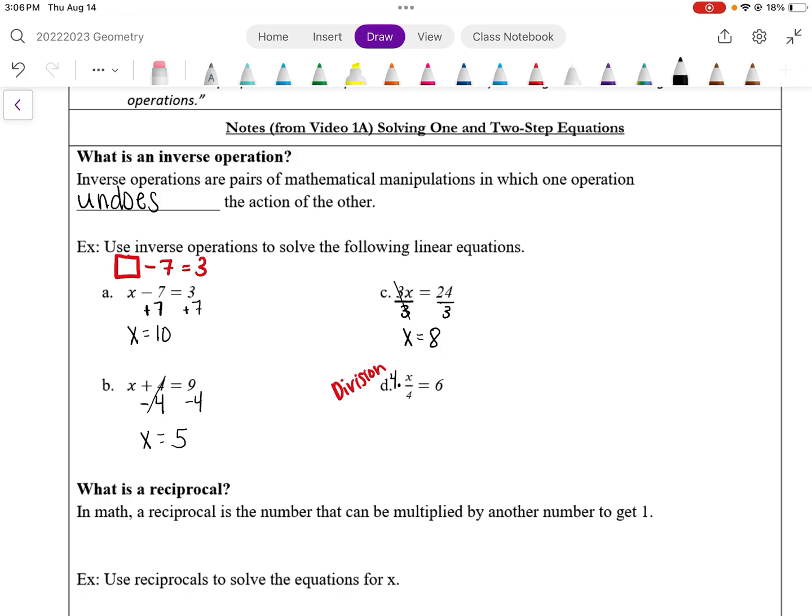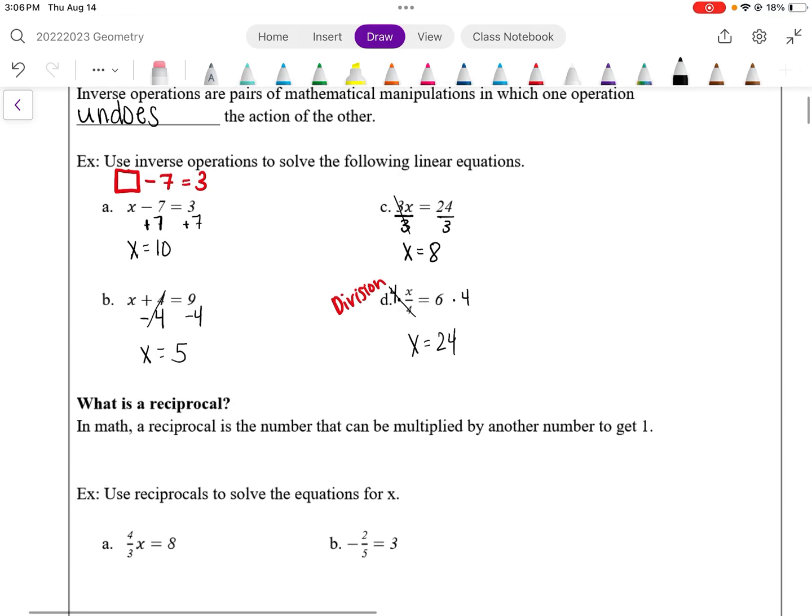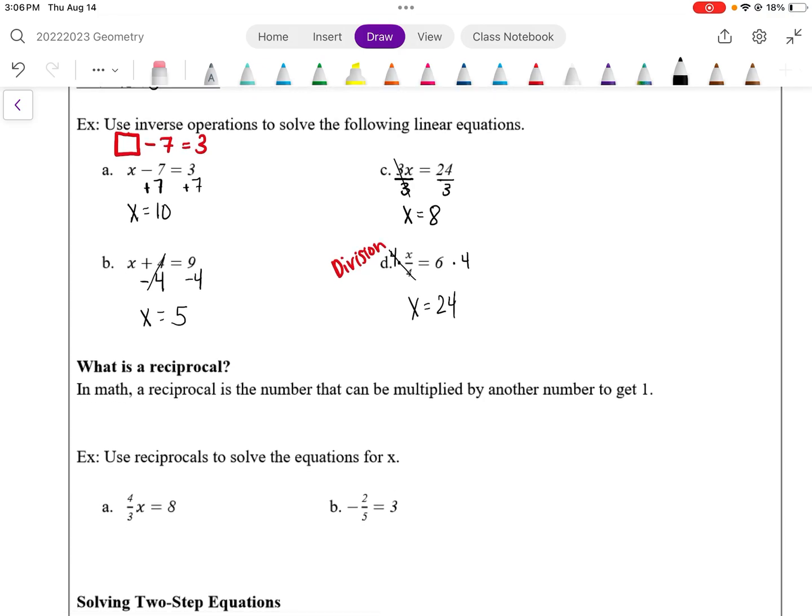So if I took this times 4, that's going to undo my division. And then I take the other side times 4. So x equals 24. And again, check your answer. If I plug my x in, does 24 divided by 4 equal 6? Yes, it does.